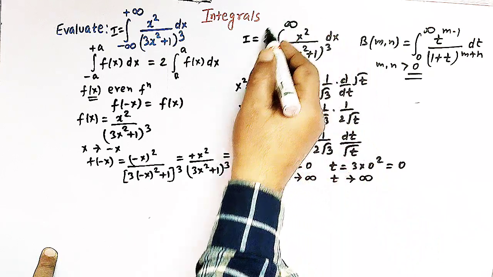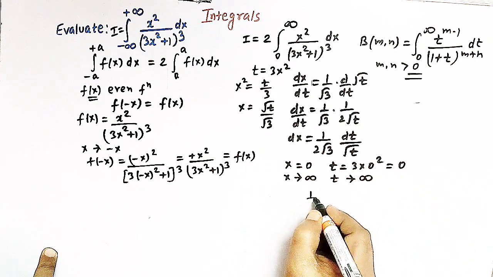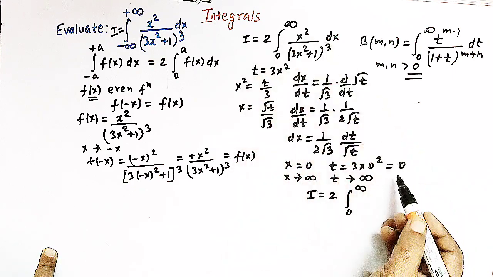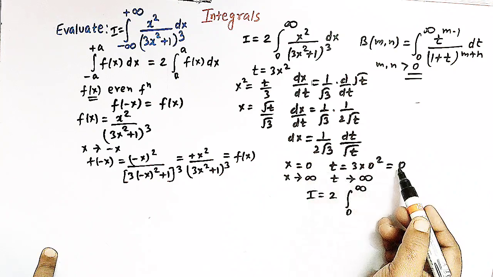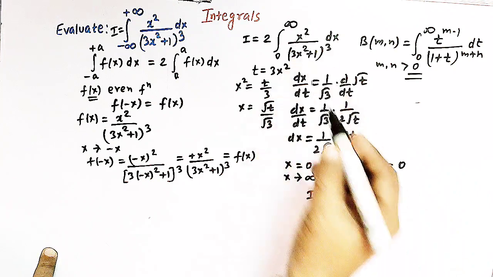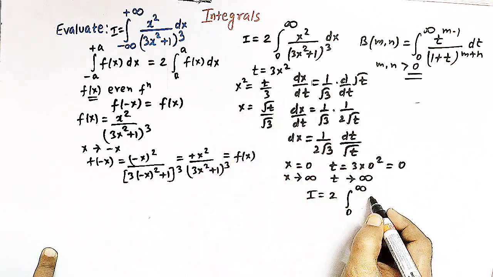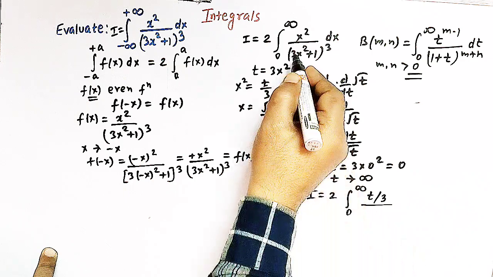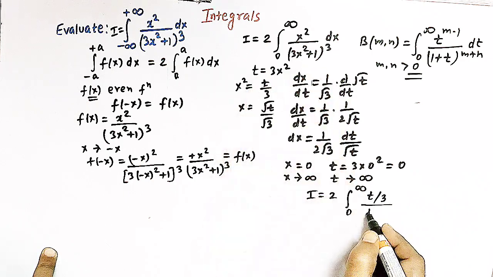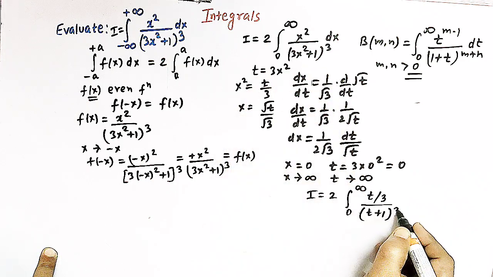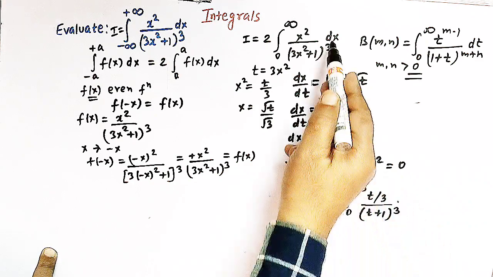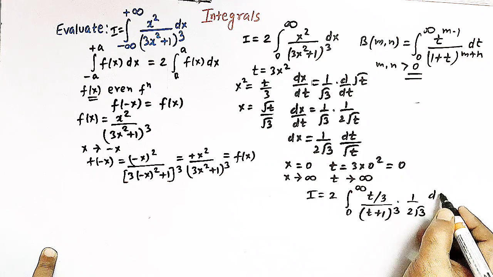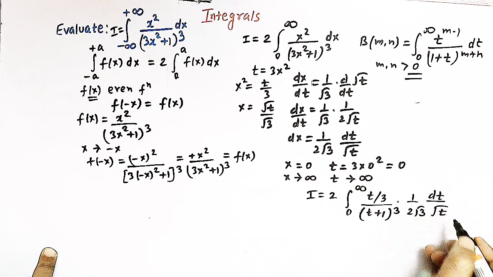So now we can write this integral I from 0 to infinity. The limits remain the same, that is 0 to infinity. For x square, we can write t over 3, and since 3x square is equal to t, we have (t plus 1) cube, and dx is replaced by 1 over 2 root 3 times dt over square root of t.